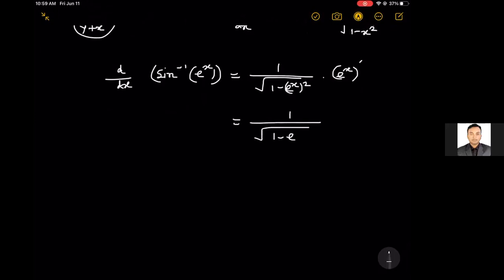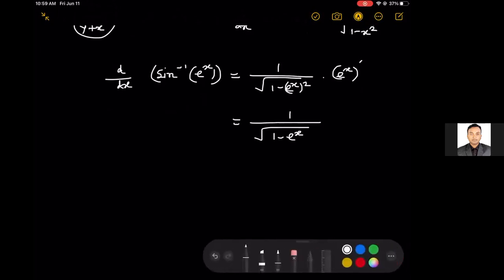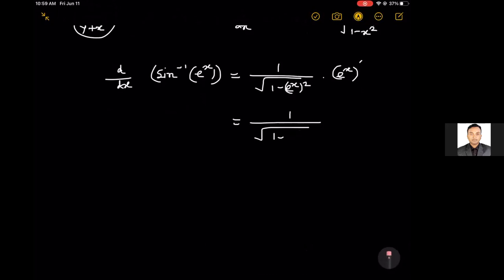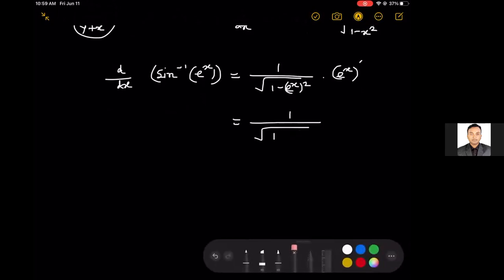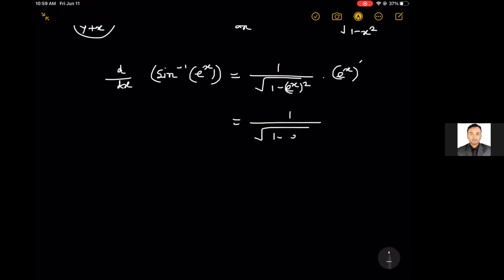So it's 1 minus e to the x squared. You can instead write, let me remove this first. Instead, you can write e to the 2x, right? Times e to the x. Okay, so that's your answer for this problem.